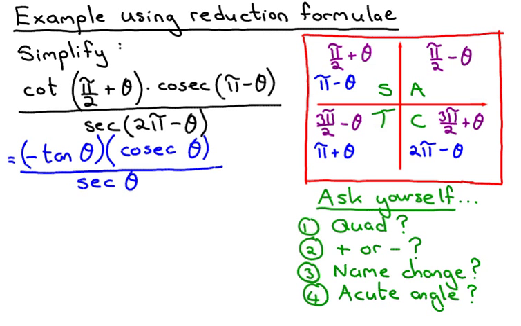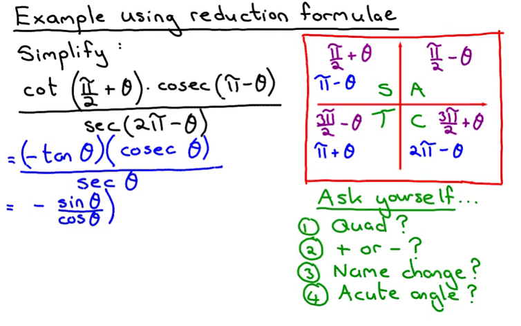Great. Now I need to simplify, and at the moment nothing cancels. So I need to use my identities and my definitions of my reciprocals to rewrite everything in terms of sine and cos if possible. So let's use our quotient identity to rewrite tan theta, and we're going to have negative, now I can put that negative inside or outside the brackets, it doesn't really matter, sine theta over cos theta.